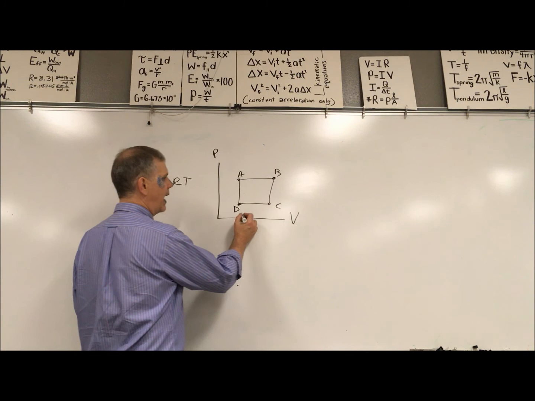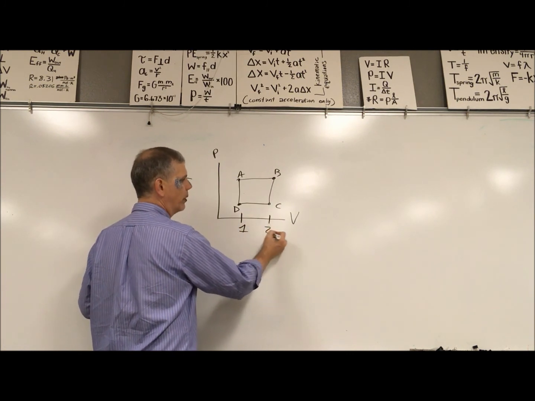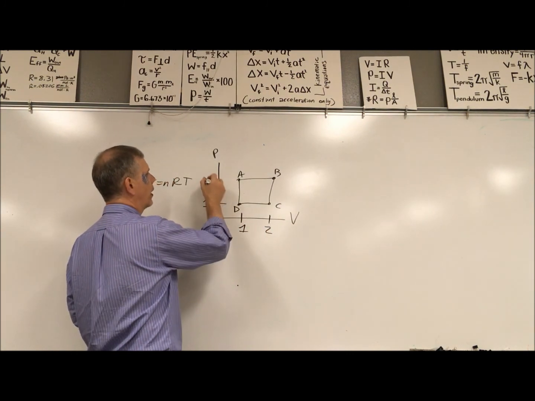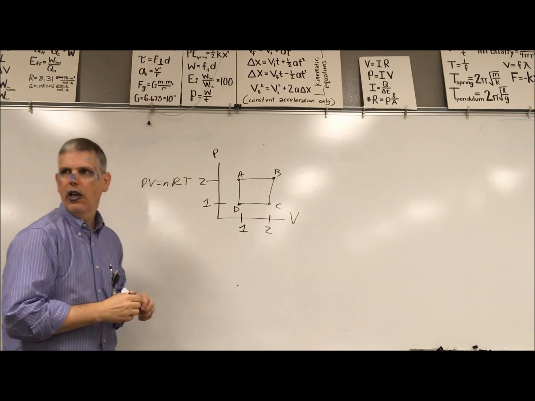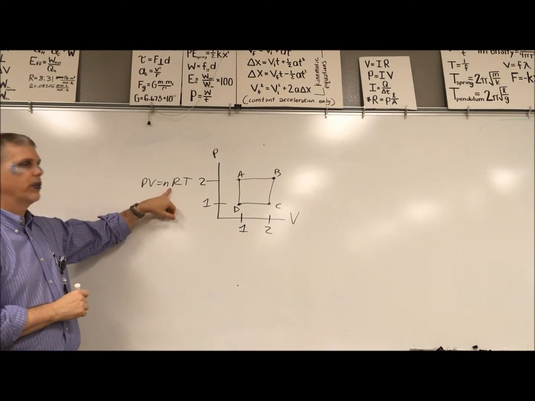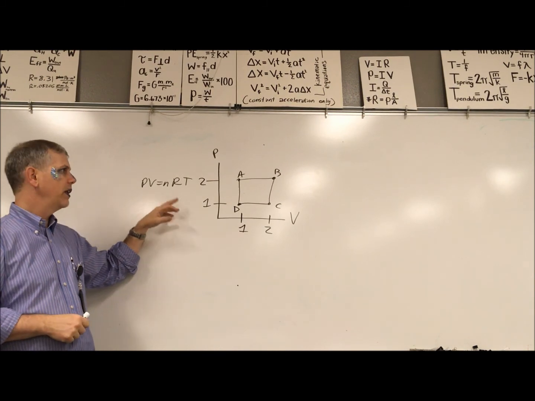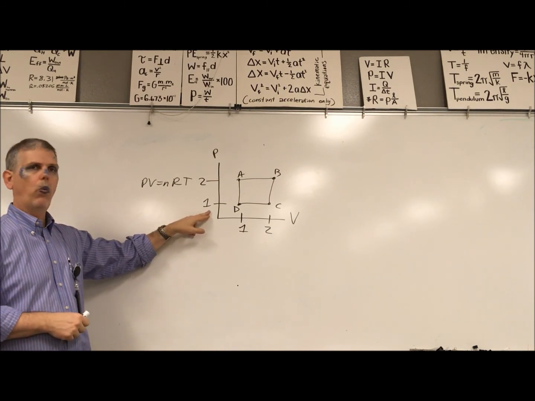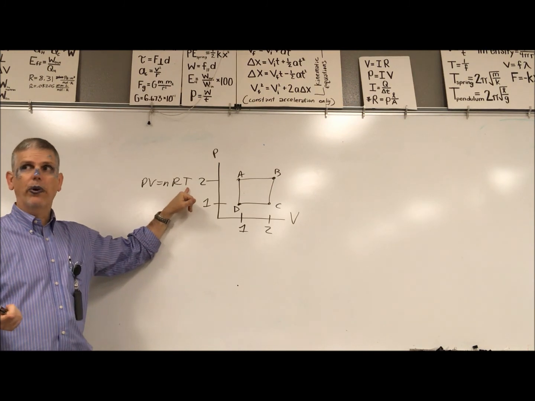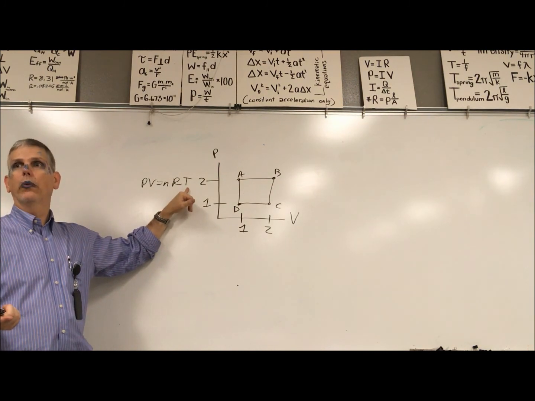Let's think about this as 1 and 2. I am completely making these up. It's irrelevant what the actual numbers are. Well, if we pretend that there's 1 mole of gas, then if P and V both equal 1, then T would equal 8.31, wouldn't it?